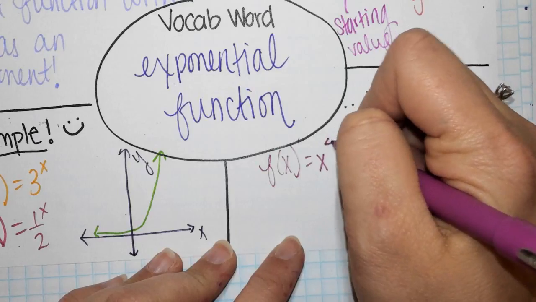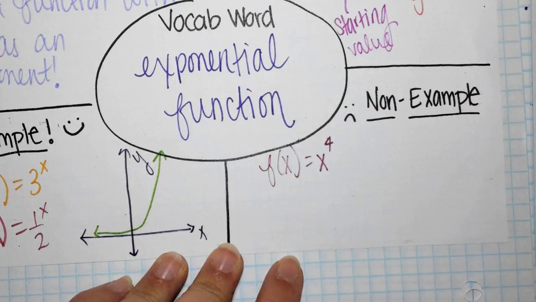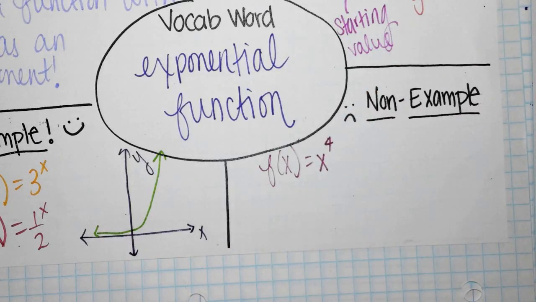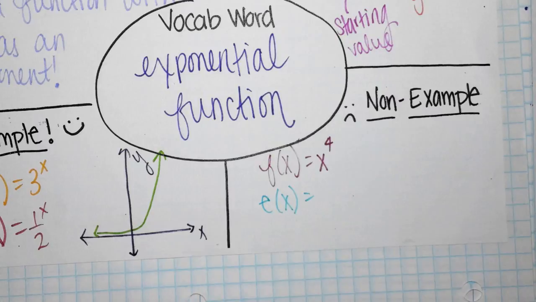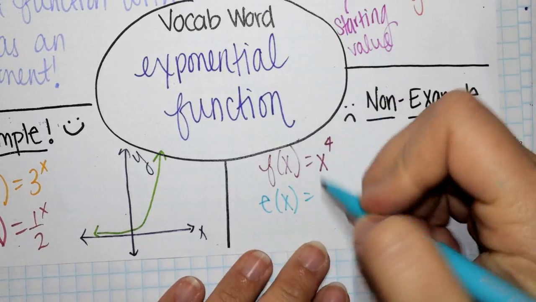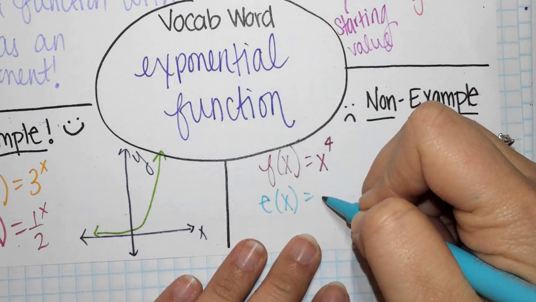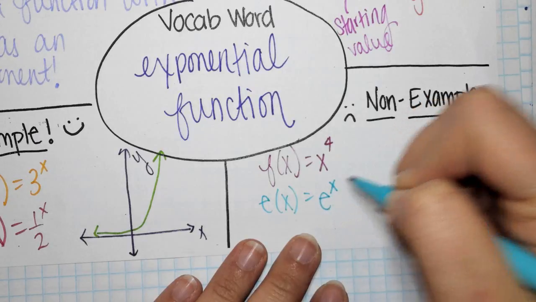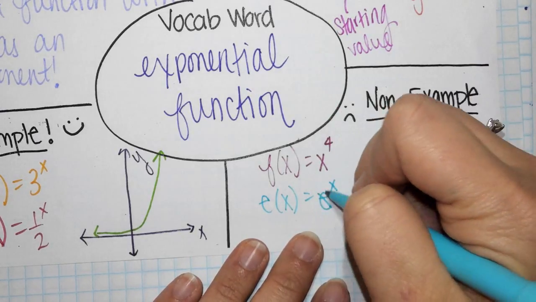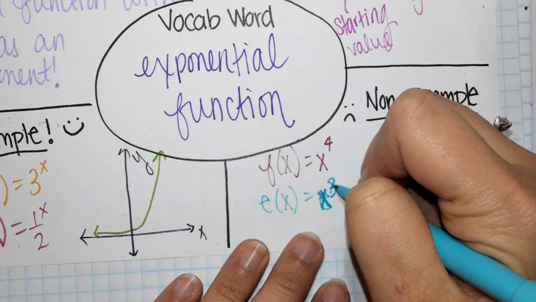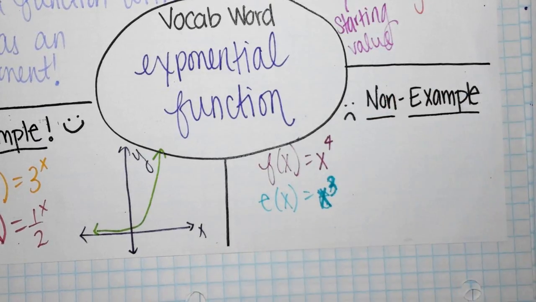All right, that is not an exponential function. Take a point. All right, who can give me e to the x? Who can give me another one? All right, Manny. X cubed. All right, take a point.